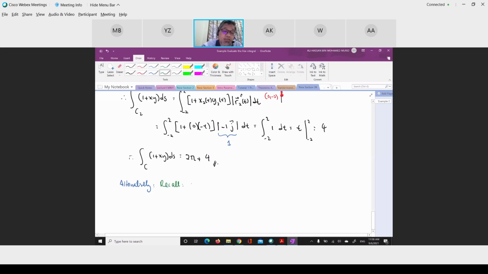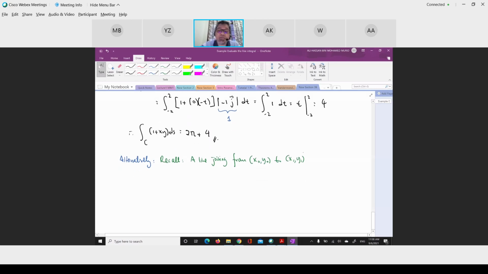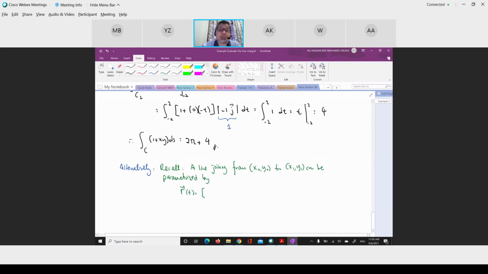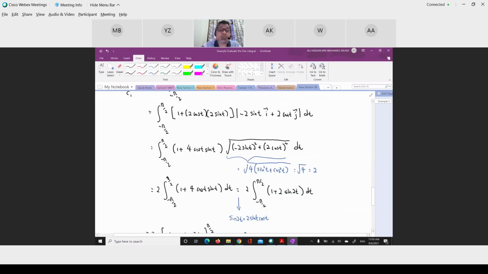Okay, so alternatively, we can also recall this result. A line from the point x0, y0 to the point x1, y1 can be parameterized by this formula here. Let me take a look at the previous formula in green.